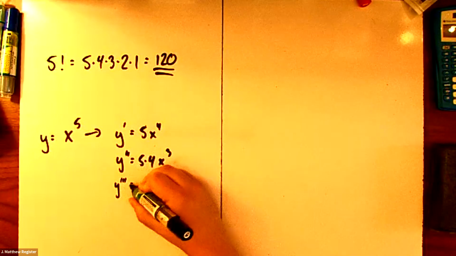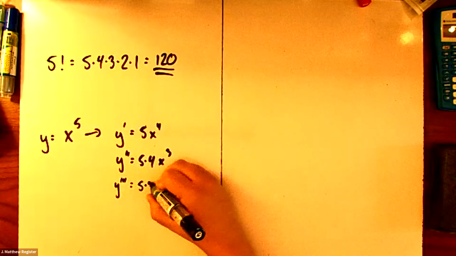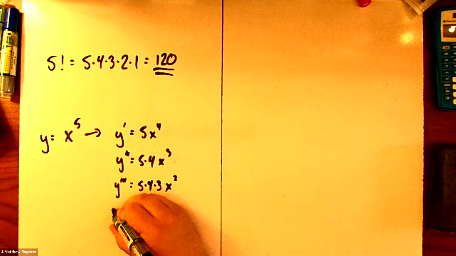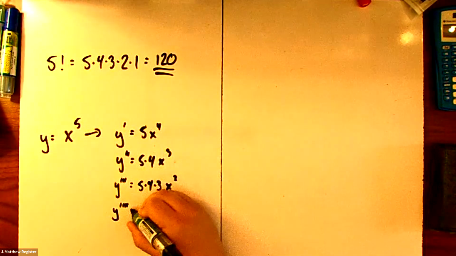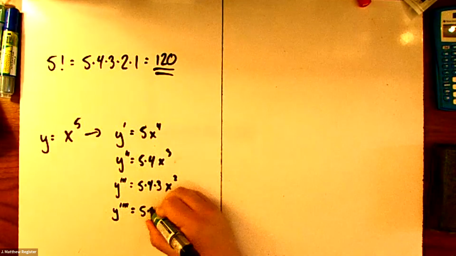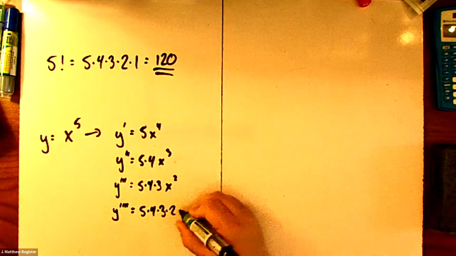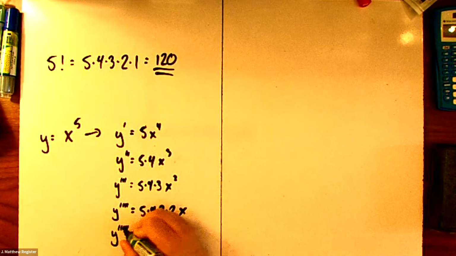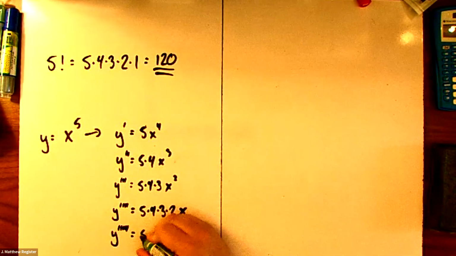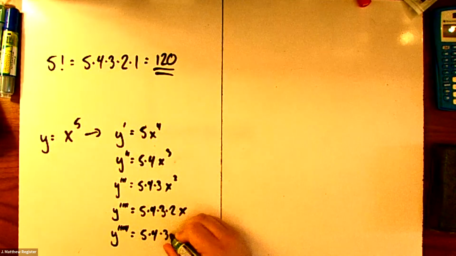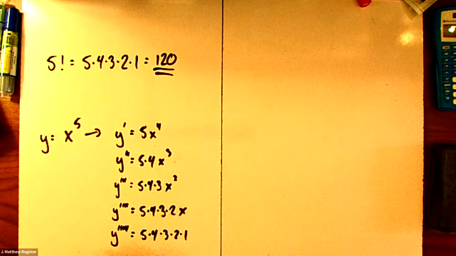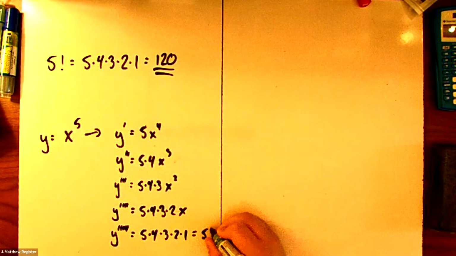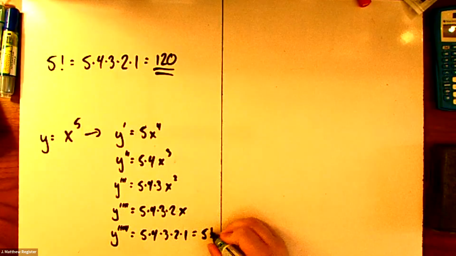Y triple prime is 5 times 4 times 3 x to the 2nd. The fourth derivative is 5 times 4 times 3 times 2 x. And then the 5th derivative is just 5 times 4 times 3 times 2 times 1. And so this right here is that 5 factorial.